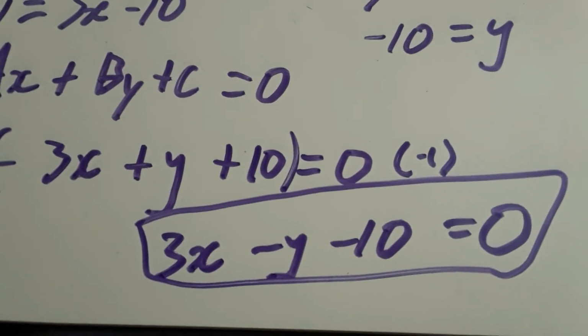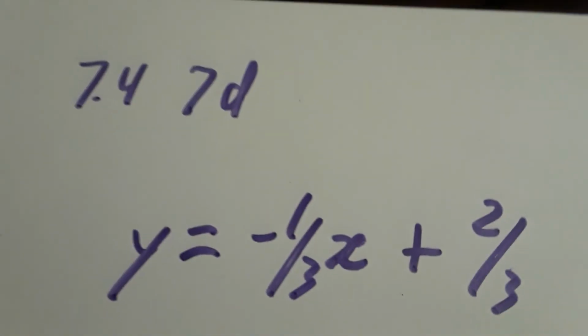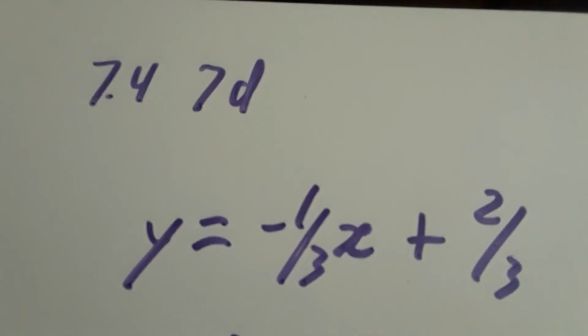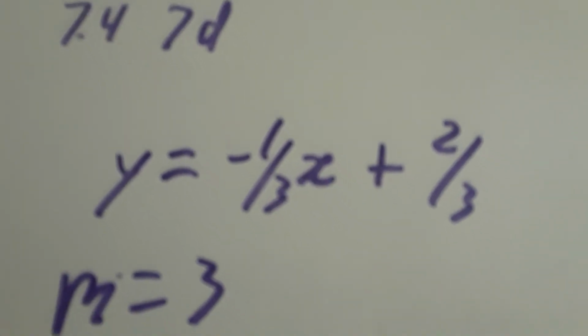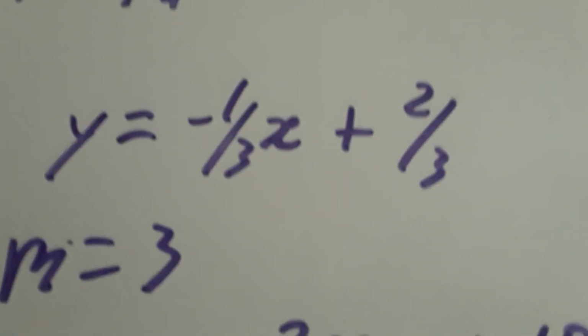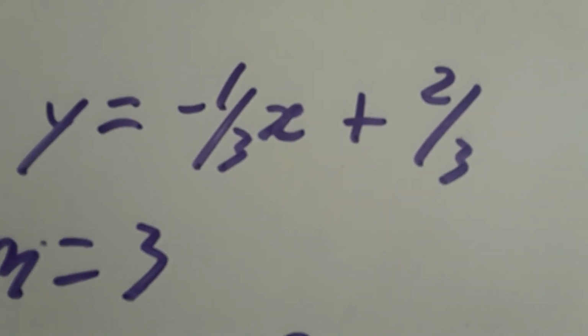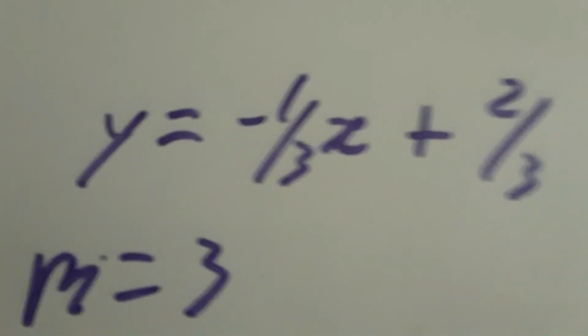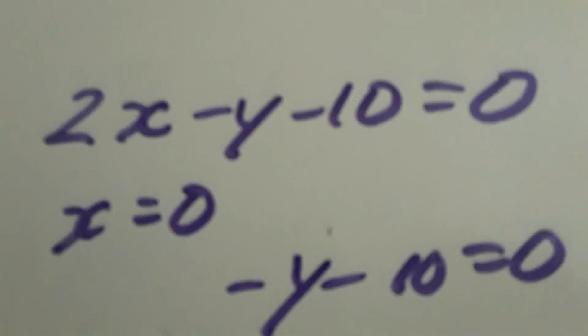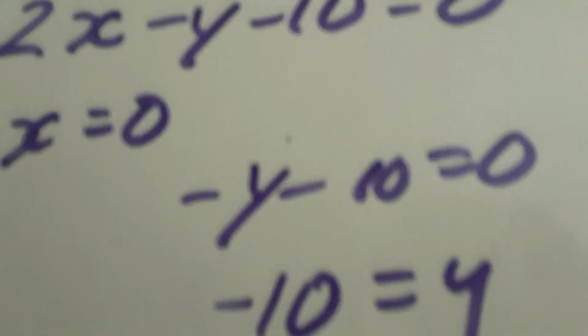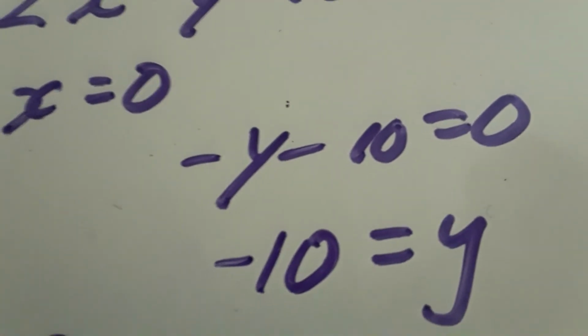So again, this was problem 7.4 EP, extra practice 7D. And what we did was we took a negative reciprocal of negative 1/3, which is 3, and then we made x equals 0 to find the y-intercept, and the y-intercept was negative 10.